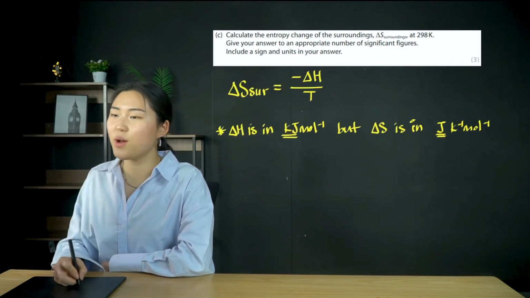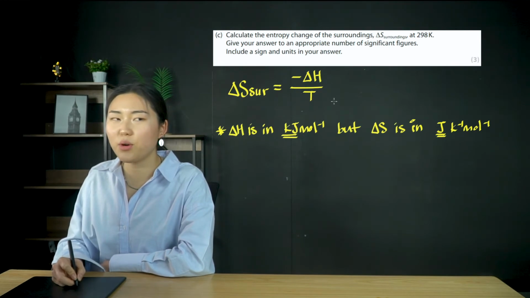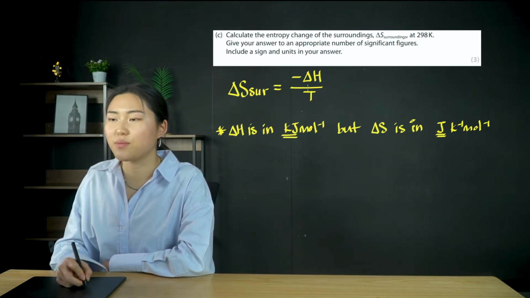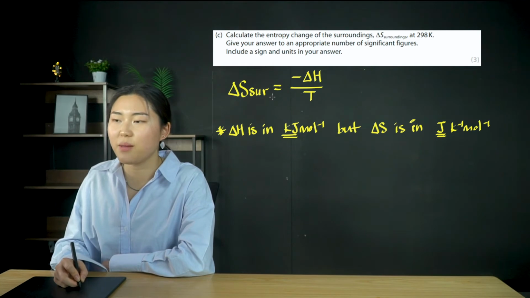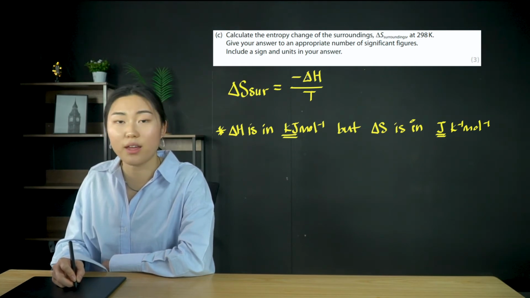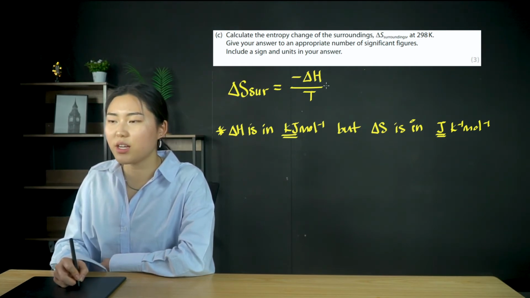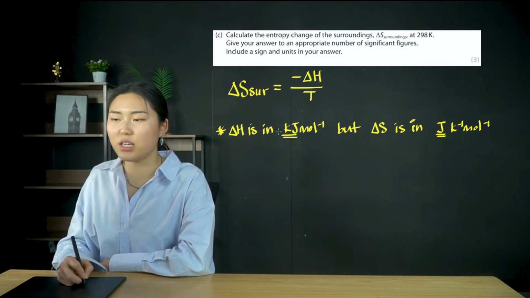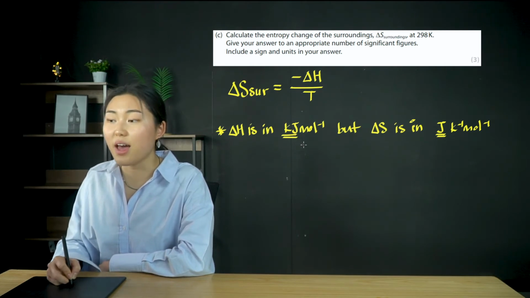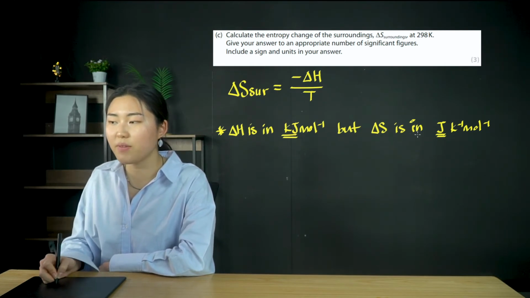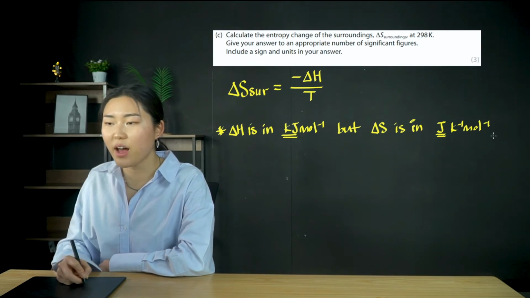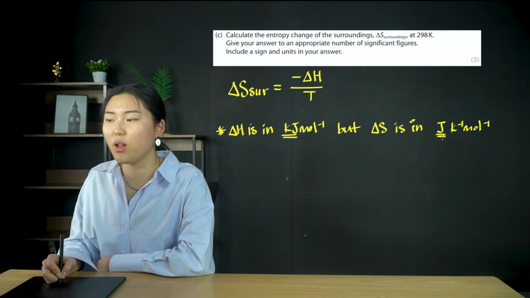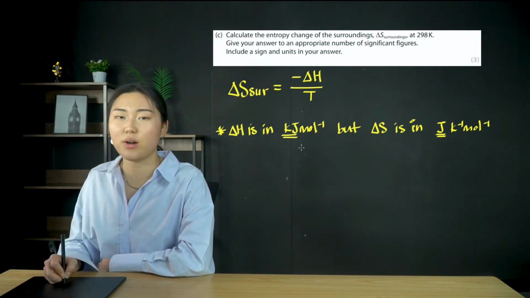So first of all, I'm going to write down the formula for delta S surroundings, which is minus delta H, the enthalpy change of the reaction, divided by the temperature T. Delta H is in kilojoules per mole, but delta S is in joules per Kelvin per mole. So from kilojoules per mole to joules per Kelvin per mole, you would have to times it by 1,000, right?